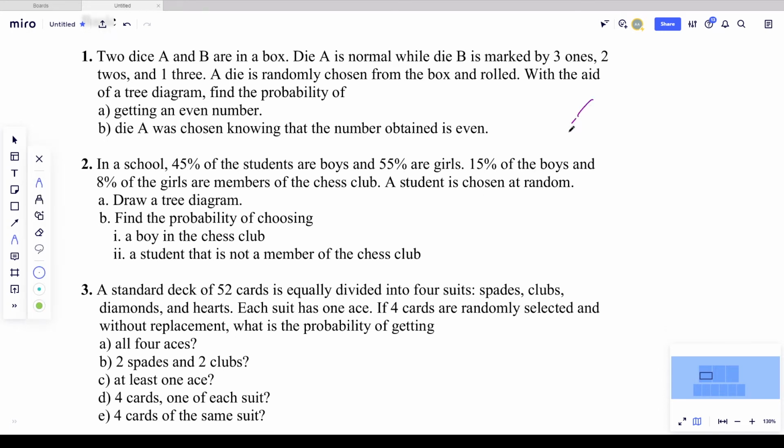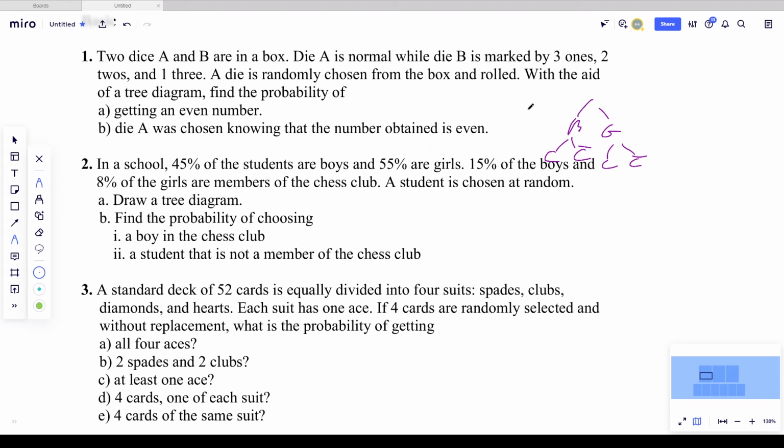So we have boys and girls, the easiest section. Then we have some play chess, some don't play chess, some play chess, some don't play chess. And by the way, the bar is for the opposite. So we have the tree diagram done, part A. Part B, we're already going to do it even if they didn't ask: the probability of choosing a boy in the chess club.